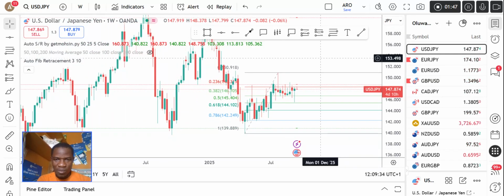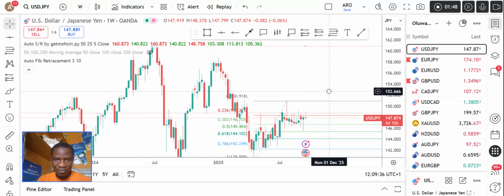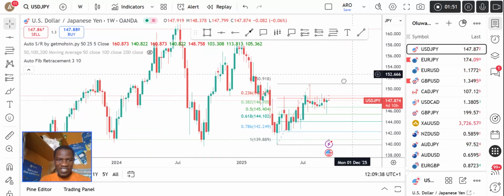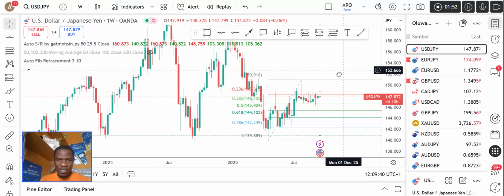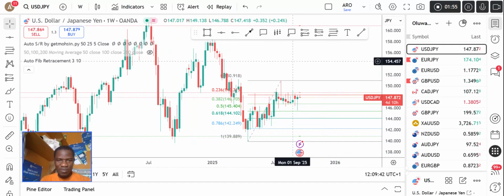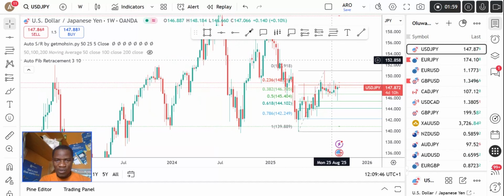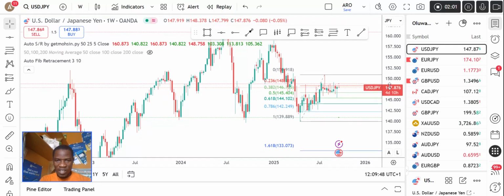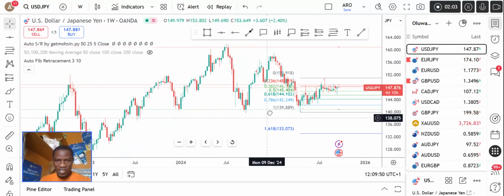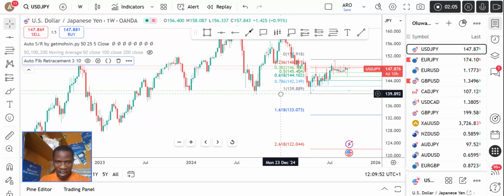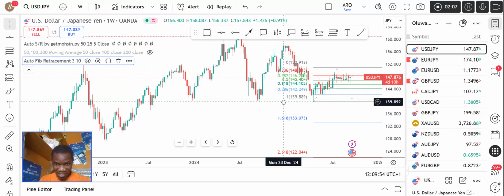As you can see from the trade here, the market is still showing on a weekly time frame. The long term overall view is the market is on an uptrend.